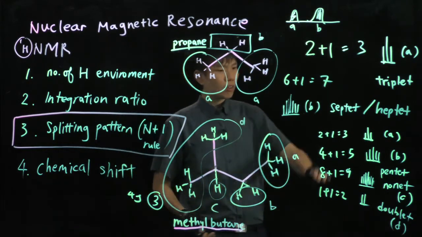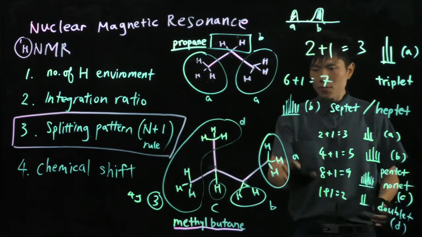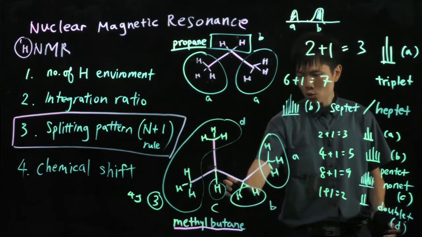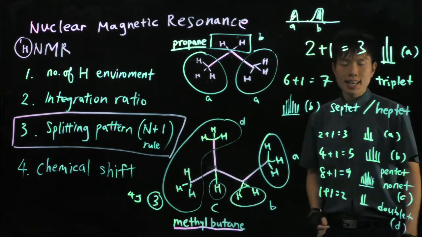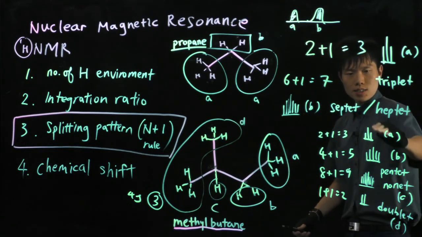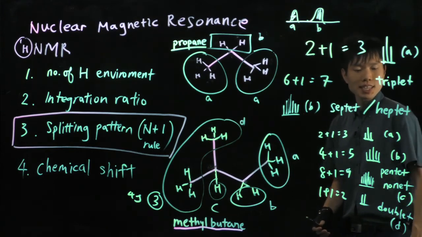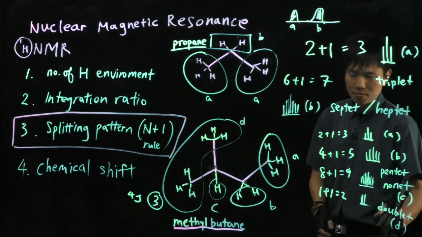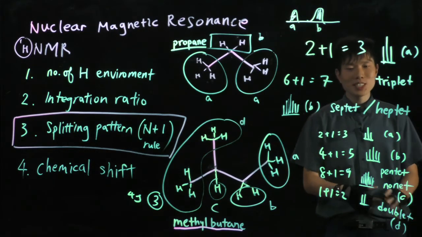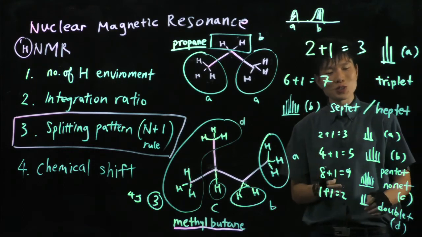So if you are asked to predict the NMR spectrum of methylbutane, you can tell me that there are 4 signals. The signal integration will be 3:2:1:6. And the splitting pattern for each of them will be a triplet, a pentet, a nonet, and a doublet. You can even tell me specifically for each of these splittings what their integration is.